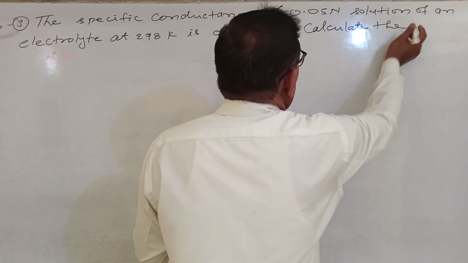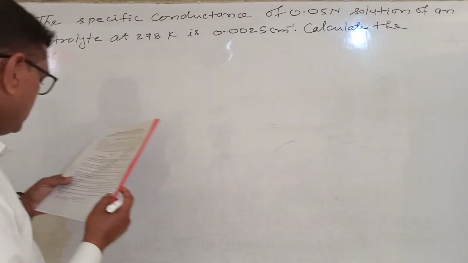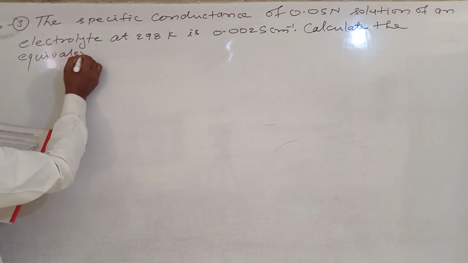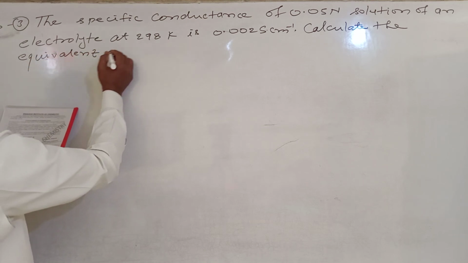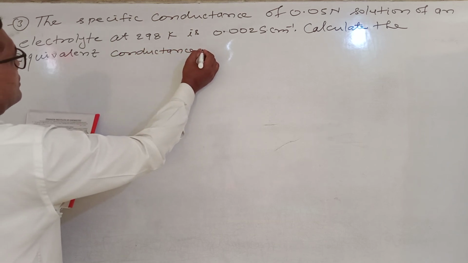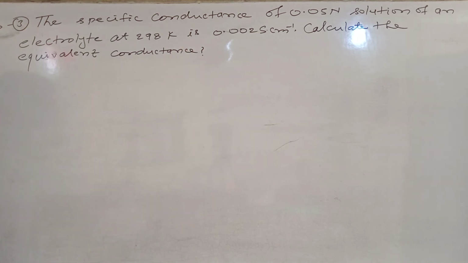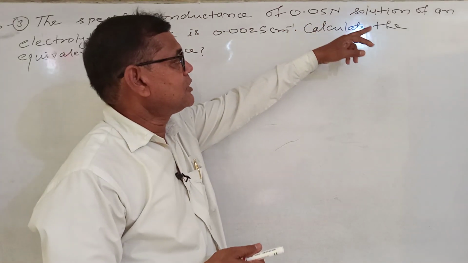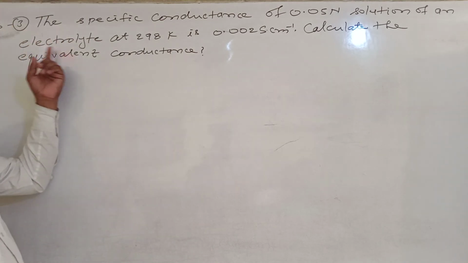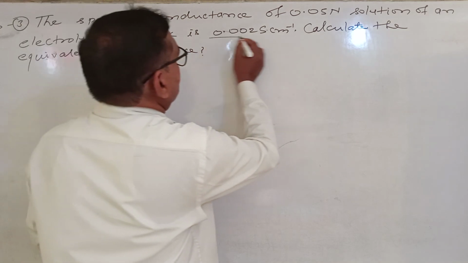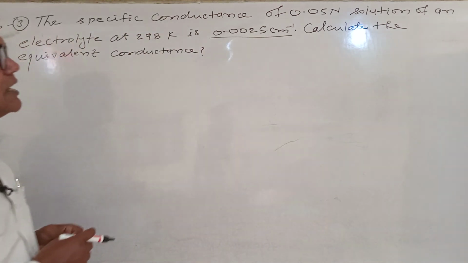Calculate the equivalent conductance. The question asks, the specific conductance of 0.05 N solution of an electrolyte at 298 Kelvin is 0.002 Siemens cm inverse.